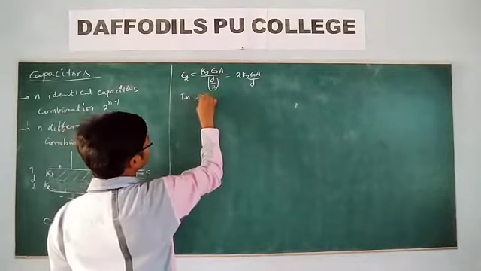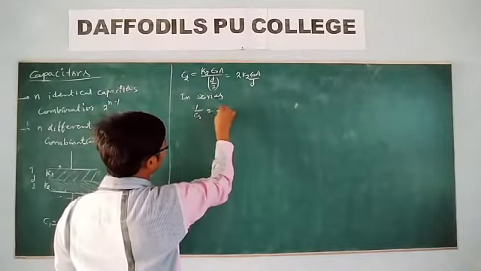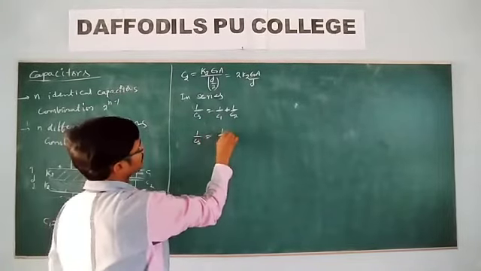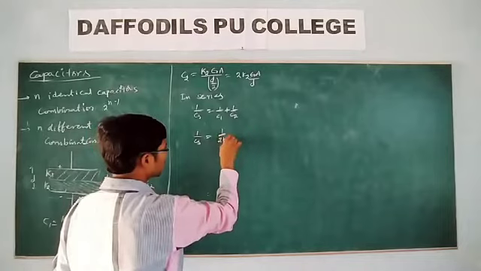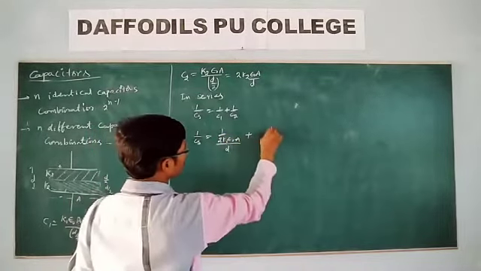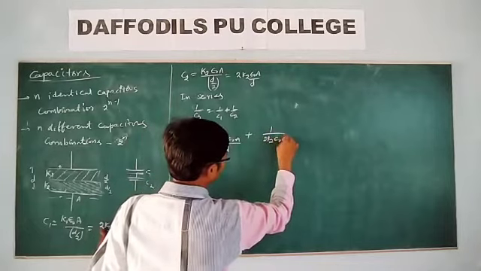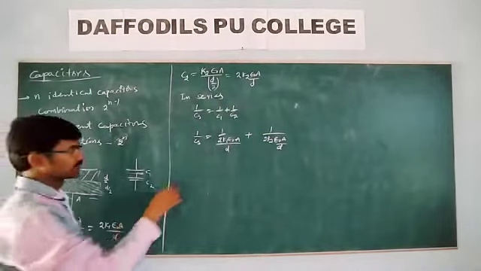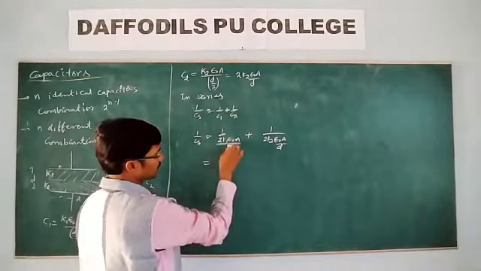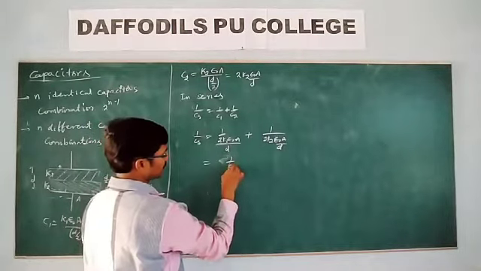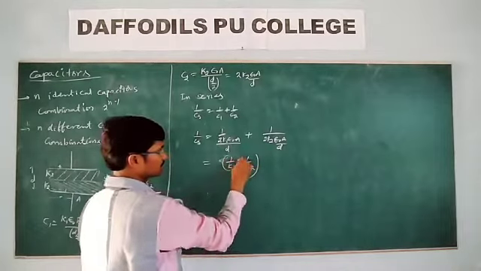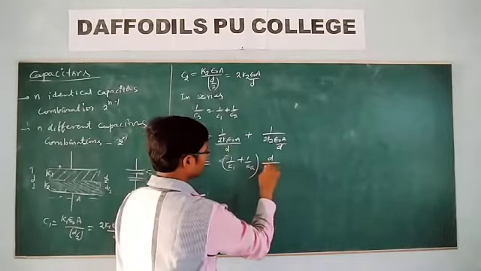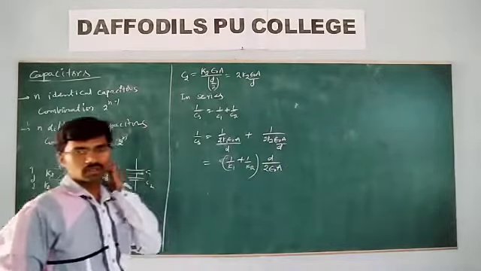So 1 by Cs is equal to 1 by 2 K1 epsilon naught A by D plus 1 by 2 K2 epsilon naught A by D. Now D by 2 epsilon naught A can be taken common, leaving 1 by K1 plus 1 by K2.